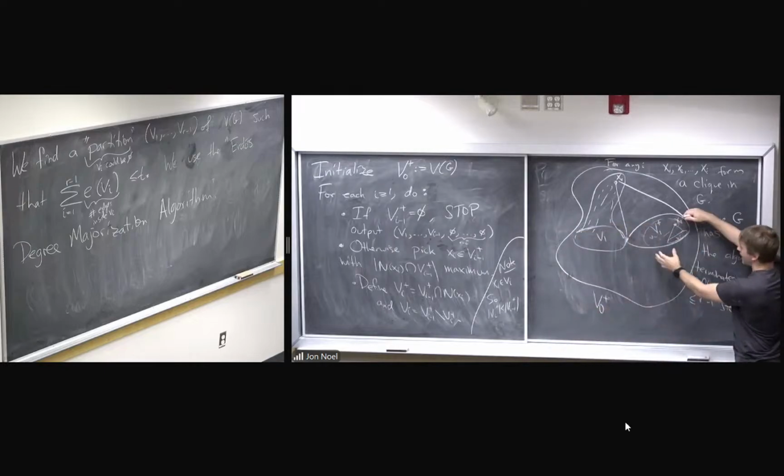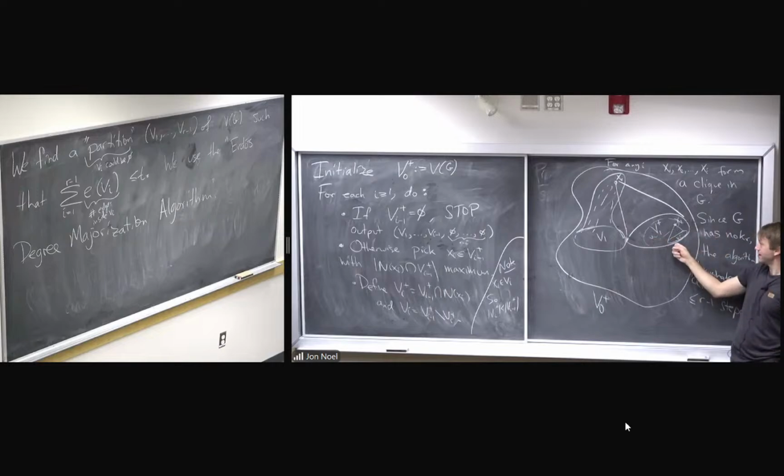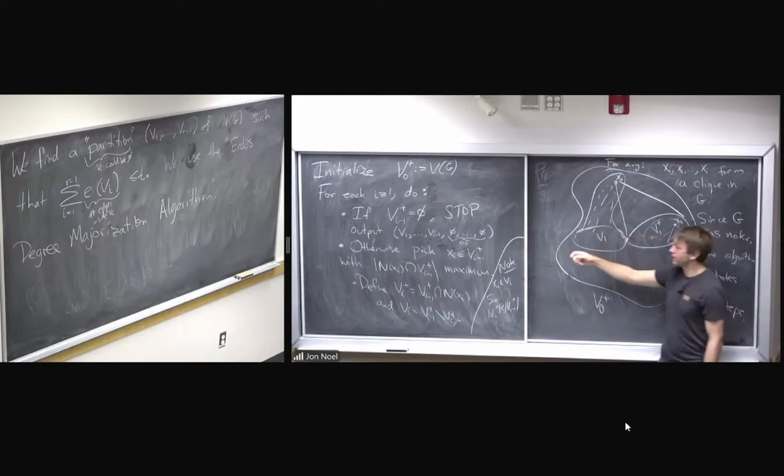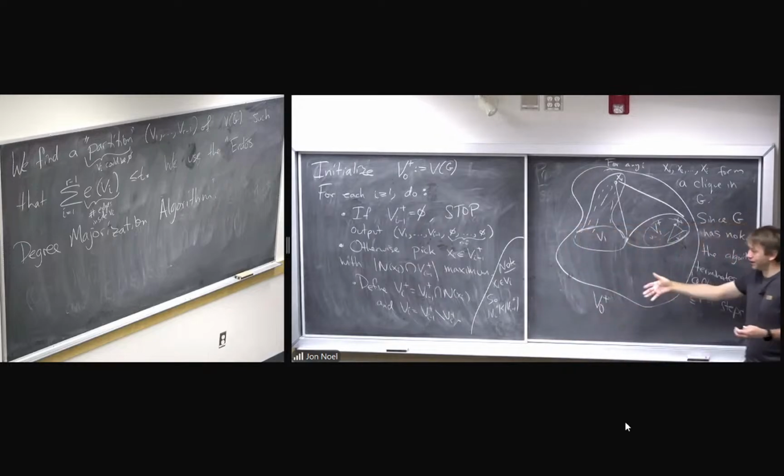And then as I recurse within V1 plus, the next step just partitions V1 plus into 2 sets, V2 as well as the unprocessed vertices. And then the next step just partitions this into 2 sets, and so on and so forth. So at the end, once V_{i-1} plus is empty, the V_i's will partition the vertices.